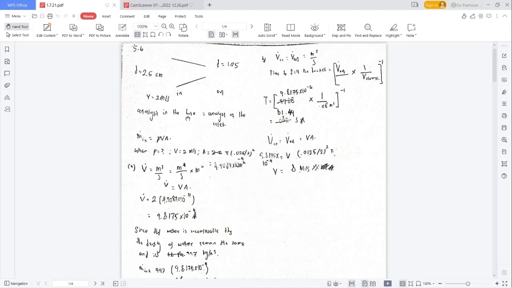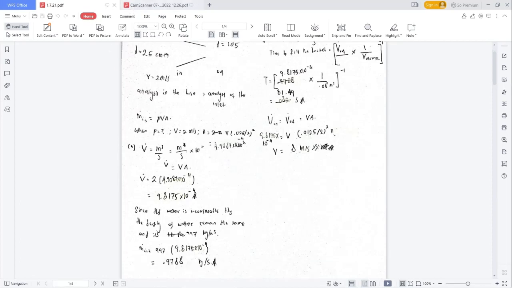Later on, the water will enter the entrance of the nozzle. So at the inlet the velocity will be 2 meters per second, and at the outlet the diameter is reduced to 1.25 cm. We expect the velocity to increase at the outlet. So the analysis of the hose is equal to the analysis of the inlet.